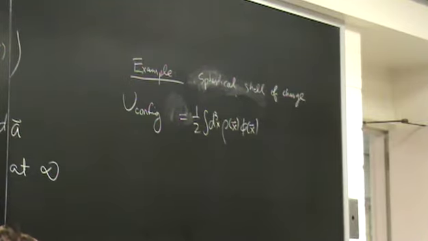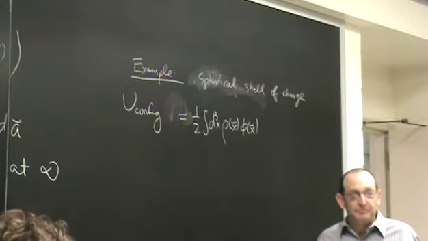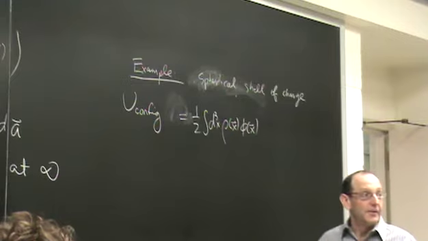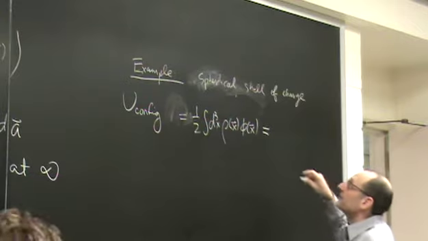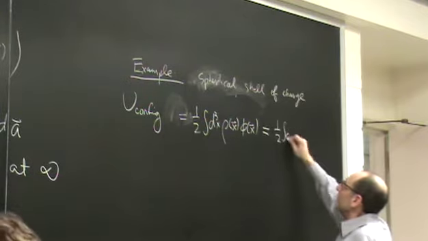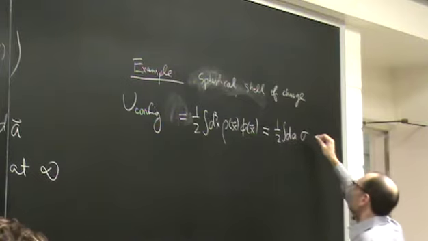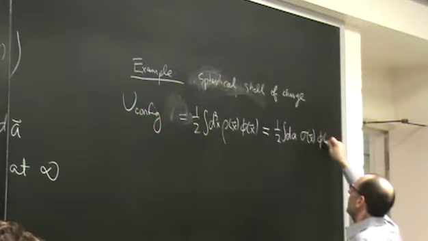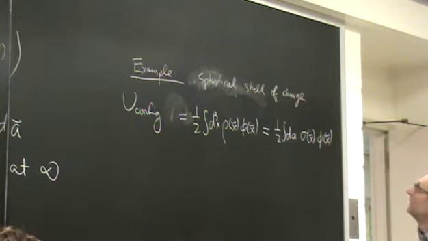Now, in this case, the charge density is 0 everywhere except on the surface, right? So, in this particular case, I can rewrite this as integral over the area, the surface charge density on the surface times the potential on the surface. Right?